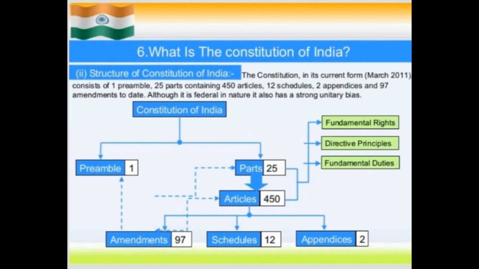These numbers will be updated as per the current year, because many new articles will be added and many changes will come. Hence this numbering may change, but schedules, parts and articles are the different categorizations of the rules and regulations present in the constitution.